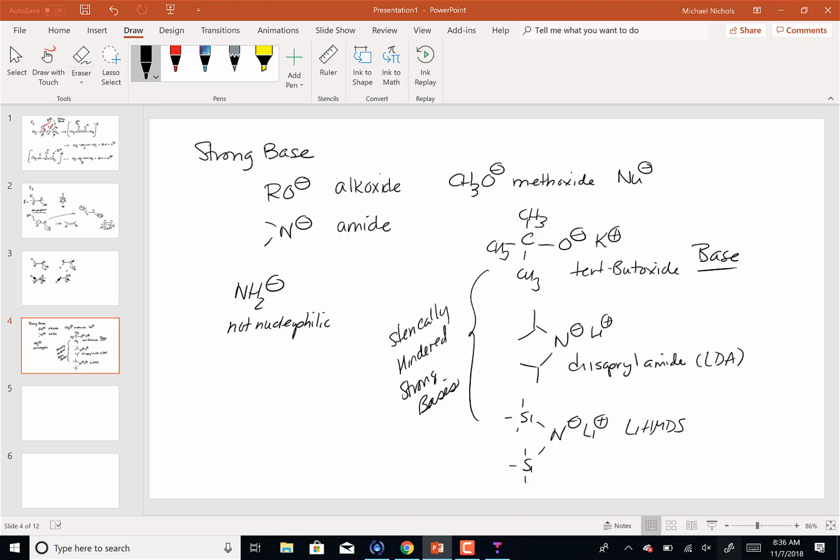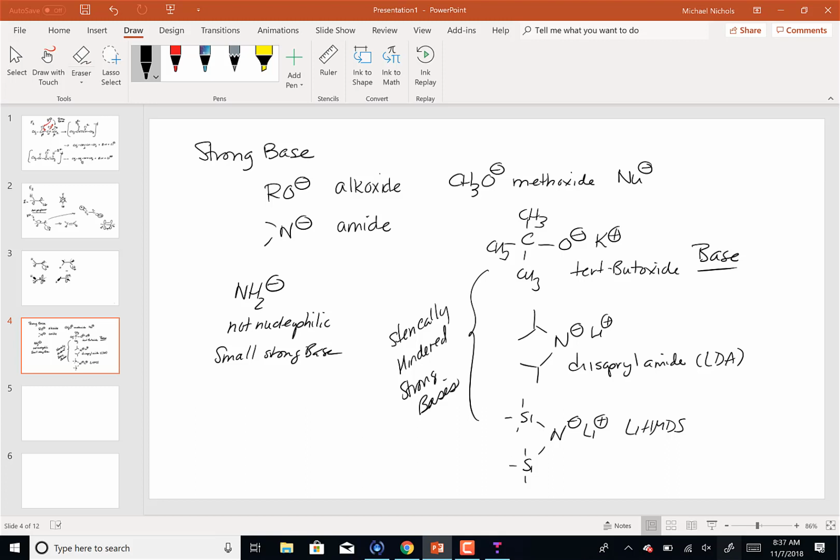It might just be because of its solubility, because only enough of it dissolves to actually do something productive. But it is small, and it's not nucleophilic. It acts totally as a base. So these are my two extremes: I have a small, strong base, and I have a sterically hindered strong base. And that's all I need.